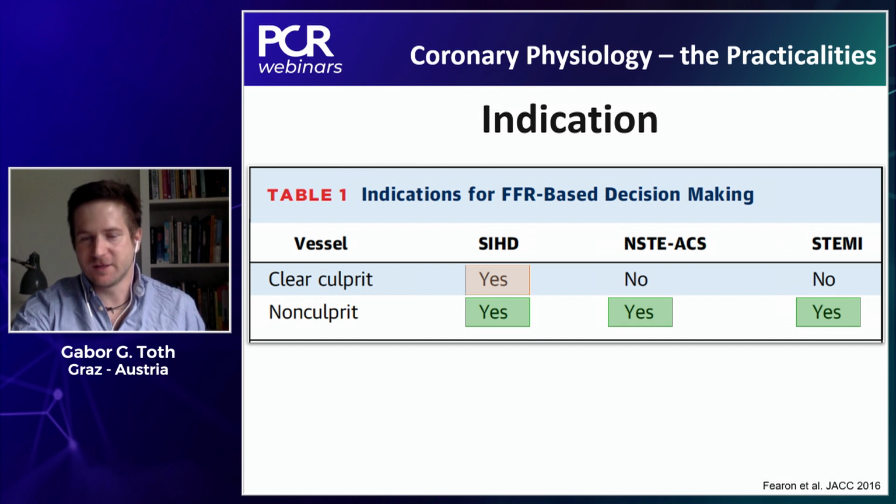And what we call clear culprit in stable coronary artery disease, I believe for me a clear culprit is if you have a lesion and a very well linked non-invasive functional test to that given territory. Otherwise, coronary physiology is a proven tool for the non-culprit lesions in acute coronary syndrome and ST elevation infarction, but this is definitely not the tool for the culprit lesions in acute coronary syndrome.